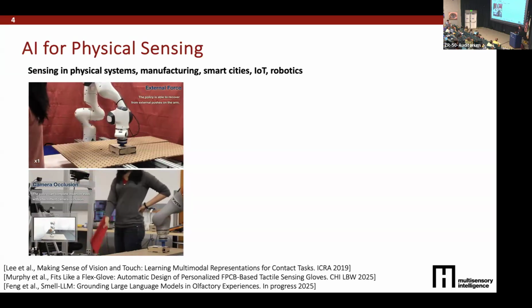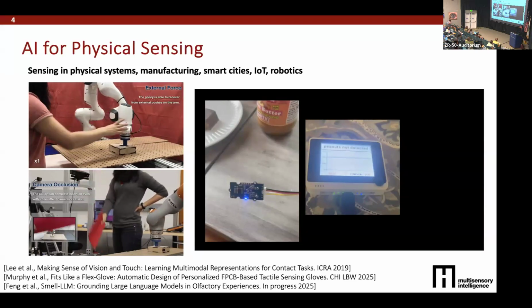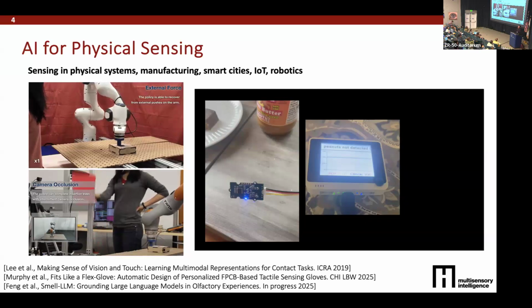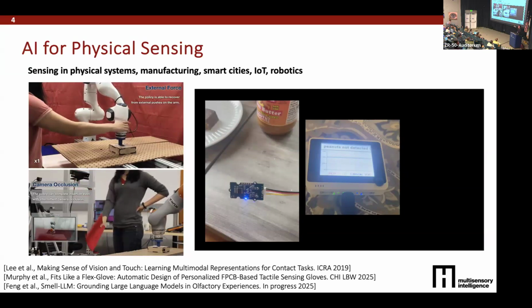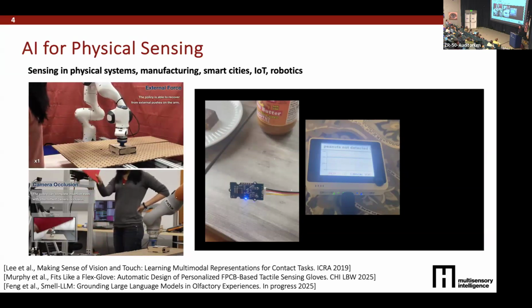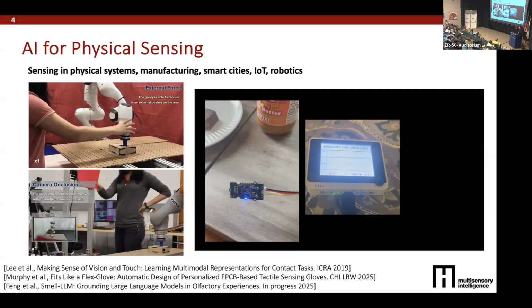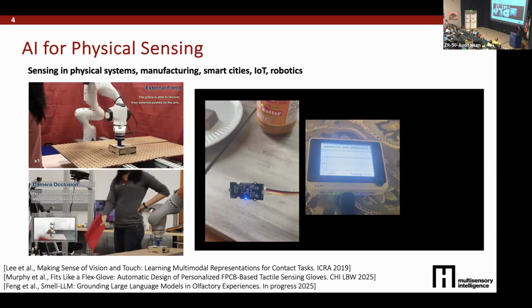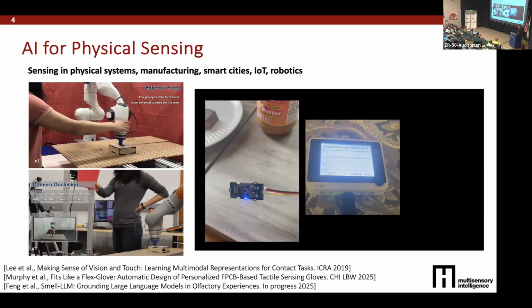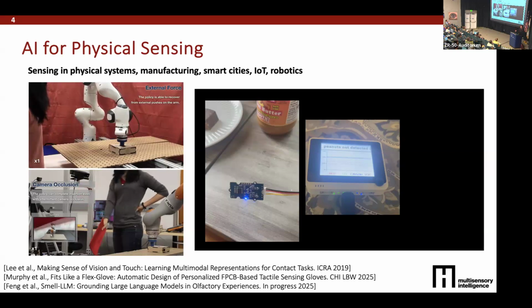Recently, we've also begun to dive into the sense of smell. Key property of us people, we use the sense of smell all the time to understand our environments and what we're eating and interacting with. Can we endow AI systems with a sense of smell as well? So right here, I'm showing an example where this blue chip over here is a gas sensing chip that picks up different volatile gases released by different foods and beverages.